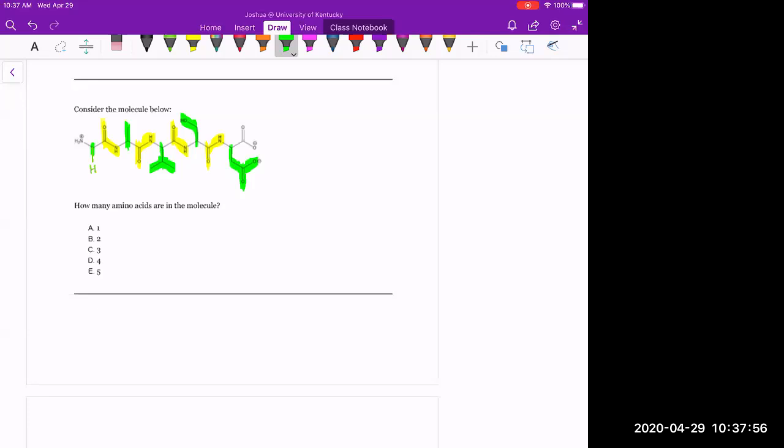So we've got 1, 2, 3, 4, 5 side chains and 4 amide bonds linking the side chains. So this is a pentapeptide, for 5. Just to put that out, you have 5 amino acids linked by 4 peptide bonds.